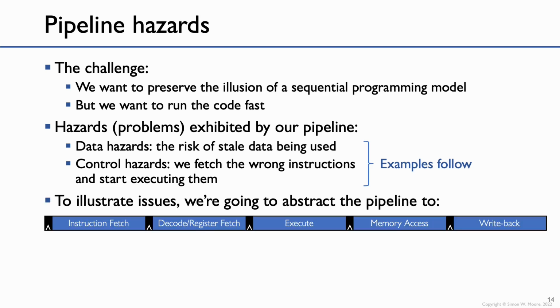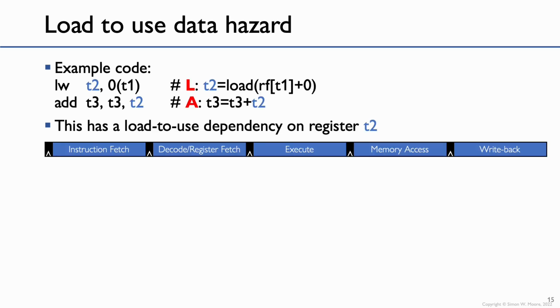To illustrate these issues, we're going to abstract the pipeline to the following diagram, and here I've got little pipeline latches indicated, and we've got our blocks: instruction fetch, decode, register fetch, execute, memory access, and write back. So let's first look at load-to-use dependencies, which I introduced last lecture.